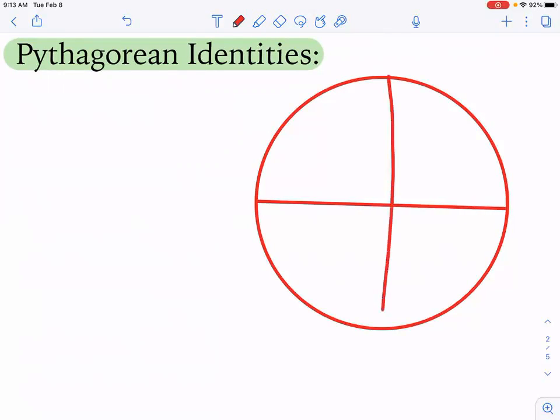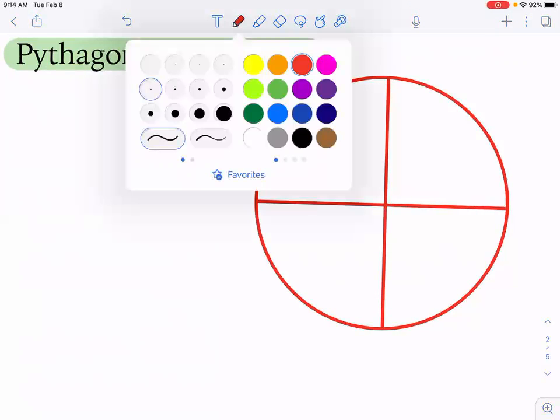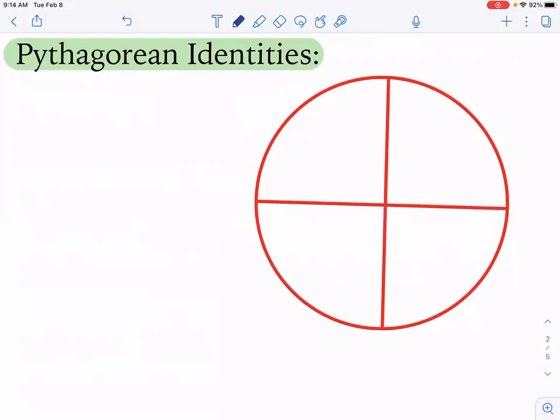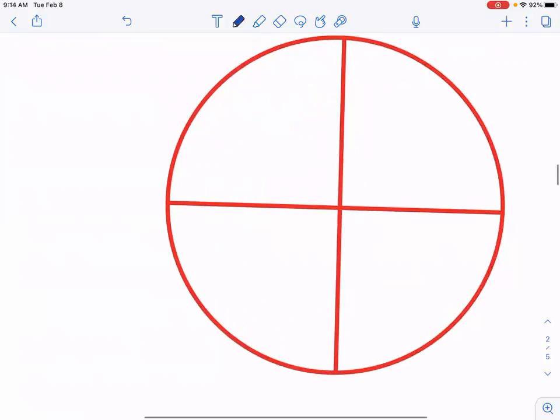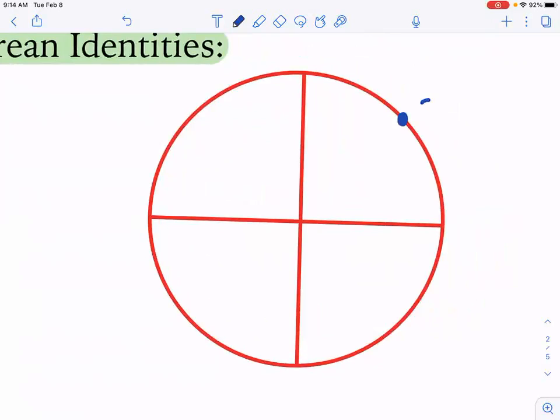Circle. Don't draw this. I'm going to show you something. So this is the unit circle. Any coordinate on here, we know that the x coordinate represents the cosine of that angle, the y coordinate the sine.